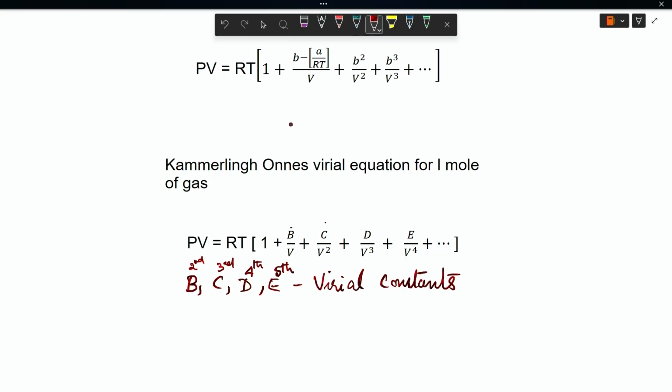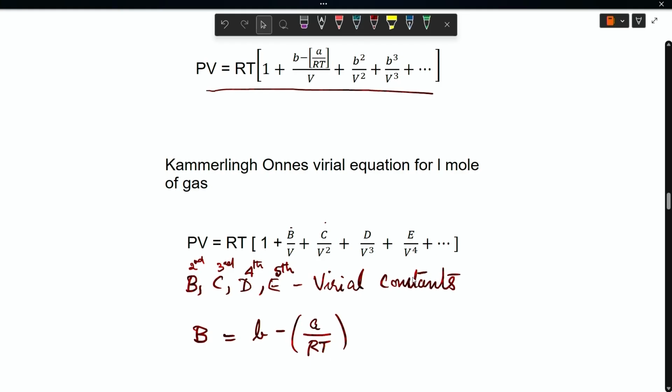Now, when I compare these two, the virial equation from the van der Waals equation and the Kamerlingh Onnes virial equation, I can see that this term, the coefficient of 1 by V, here it is capital B, which is the virial coefficient of 1 by V, and here 1 by V has got a coefficient, that is b minus a by RT.